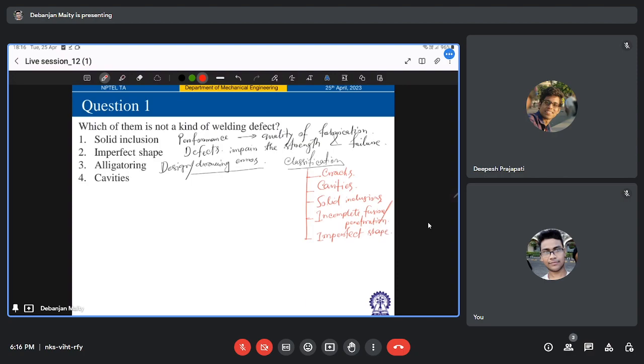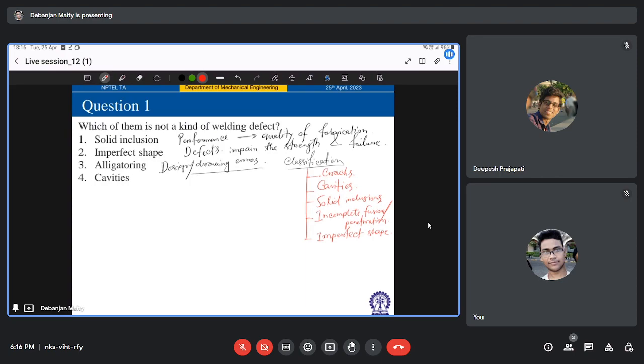These cracks are of different types. You have cold cracks and hot cracks, which we discussed in our earlier lecture videos. You can have crater cracks and toe cracks as well, which we understood in our earlier lectures.